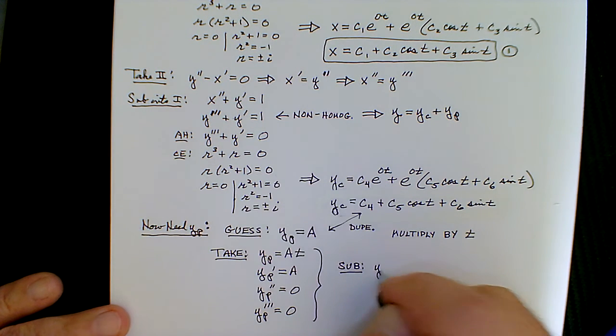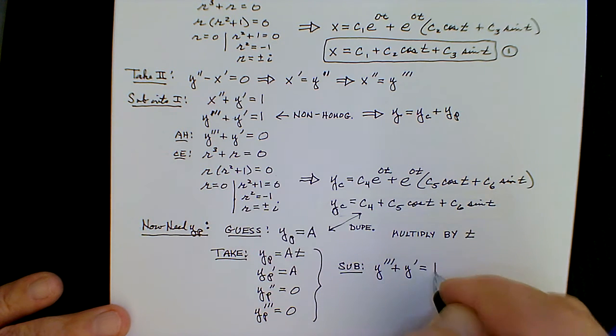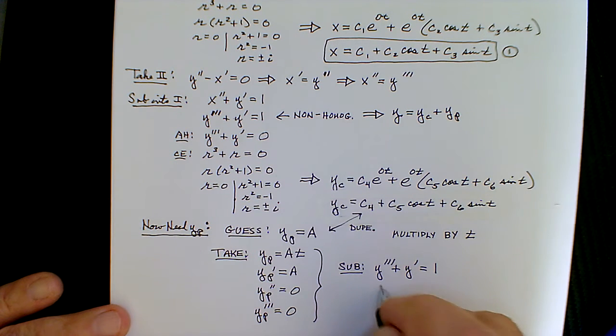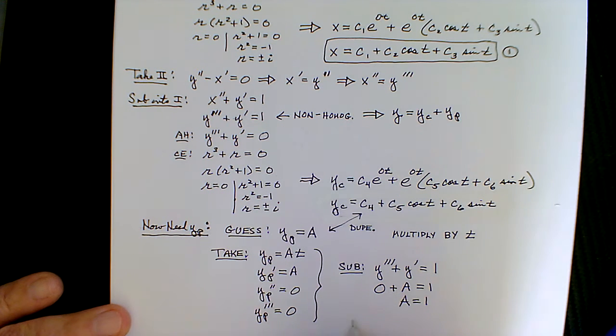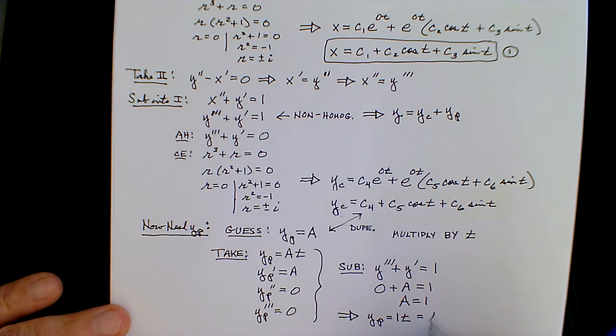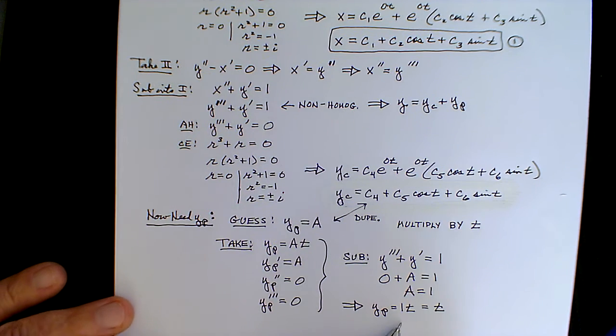It was y triple prime plus y prime is 1. So therefore 0 plus A is y prime must be 1. So A is 1. So then that means that y sub p is going to be 1t, or just simply t, because y sub p after multiplying by the t was A t.